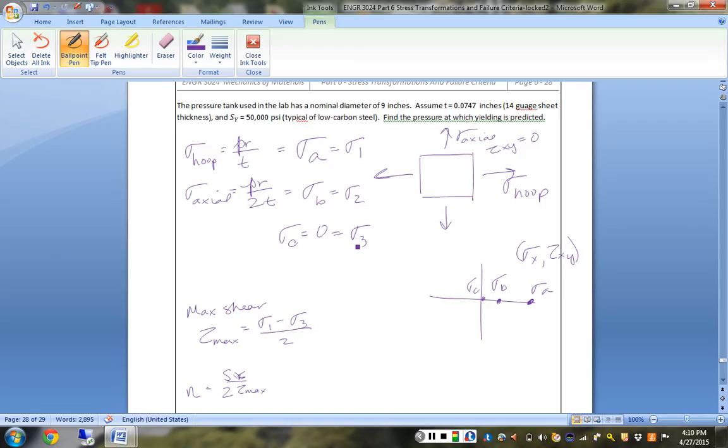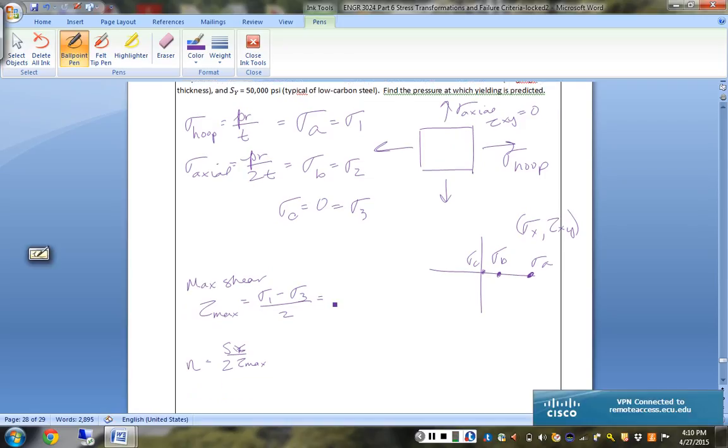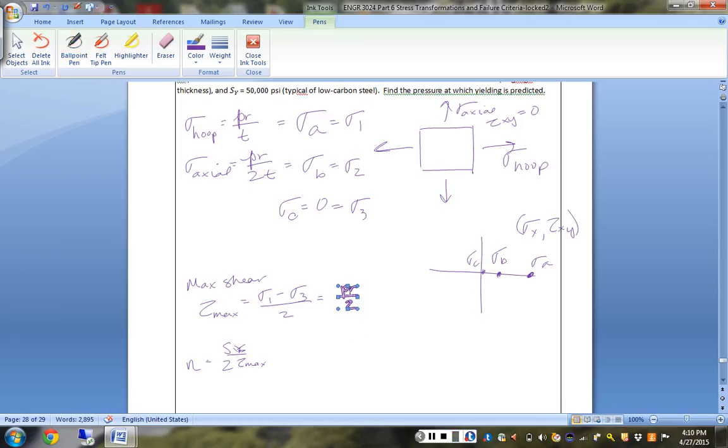So to get my max shear stress, I'm going to have sigma 1, which is PR over T, minus sigma 3, which is 0, over 2. That ends up being the axial stress.